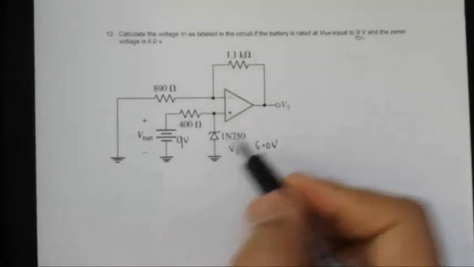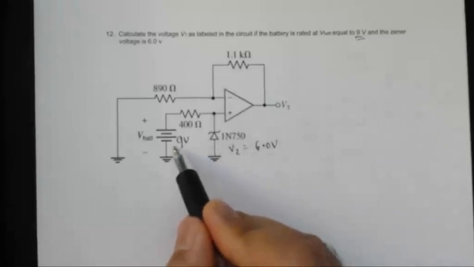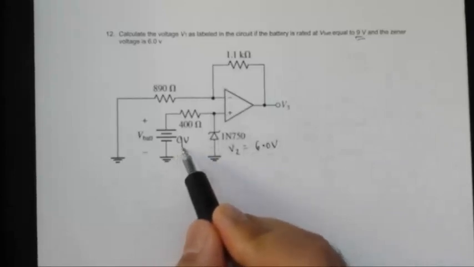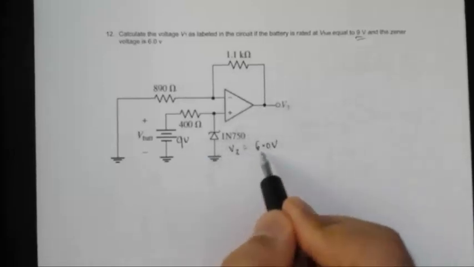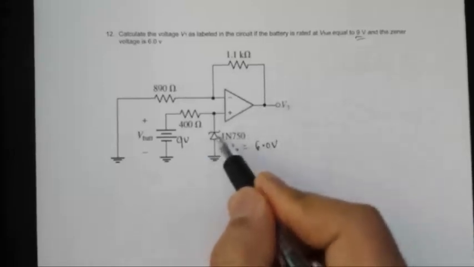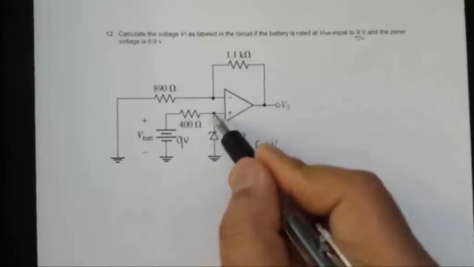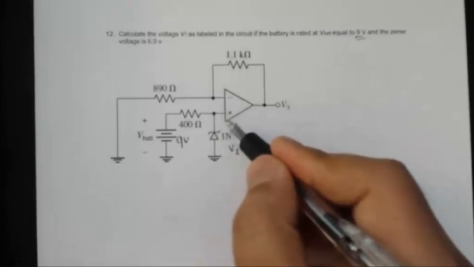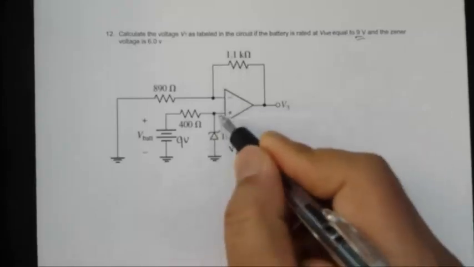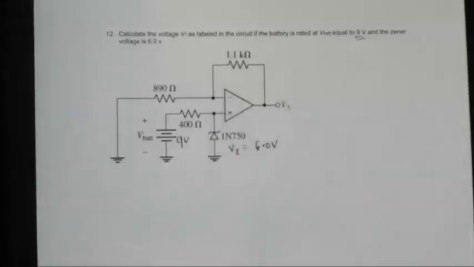So even if the input voltage is 9 volt, since Zener voltage is 6 volts and it is in reverse bias condition, negative at this side, this will keep the voltage at V plus constant at 6 volts. Voltage across V plus will not go beyond 6 volt because of the Zener diode.